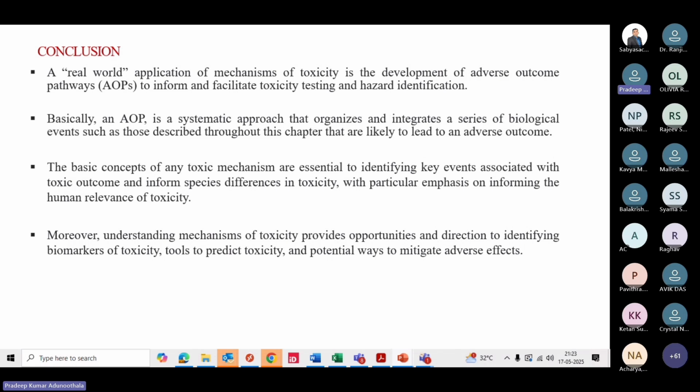What could be the biomarkers of toxicity, what could be the predictive toxicity tools, and what are the potential ways to mitigate the adverse effects. All these mechanisms and factors and steps can be known by knowing the mechanism of toxicity.